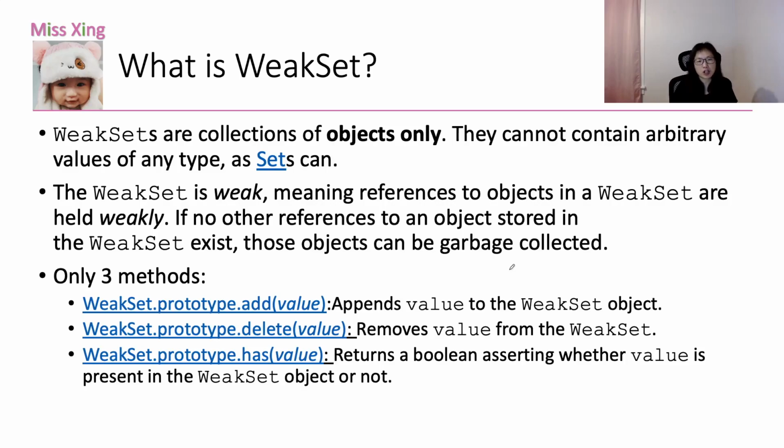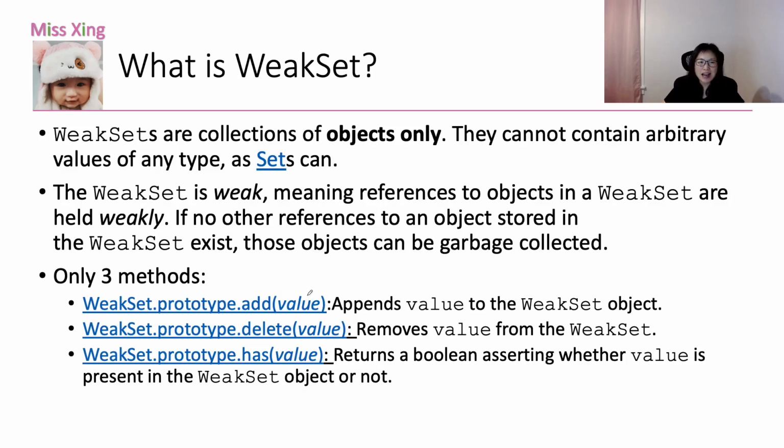Which means you have an object stored in the WeakSet, and if besides the reference kept in the WeakSet there are no other variables referencing that object, this object can be garbage collected. It won't be kept. It's going to be removed from the WeakSet.